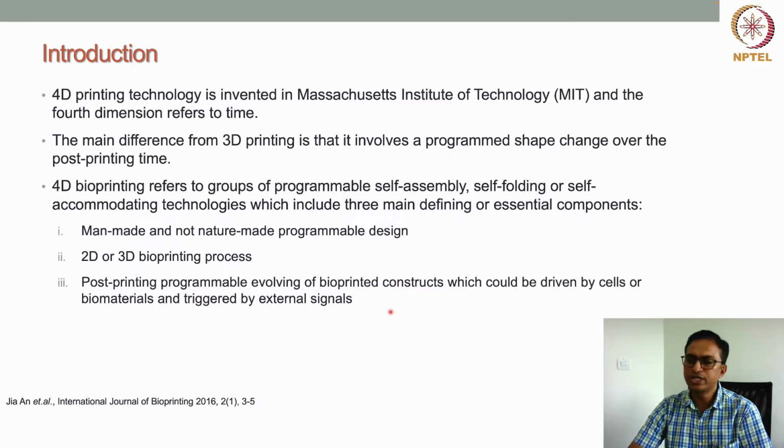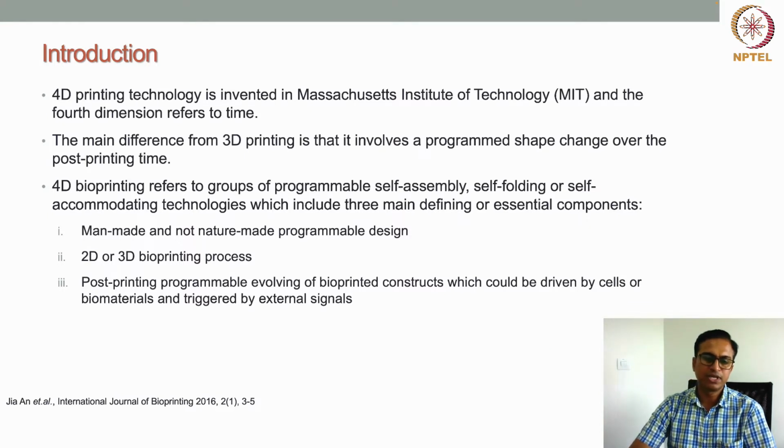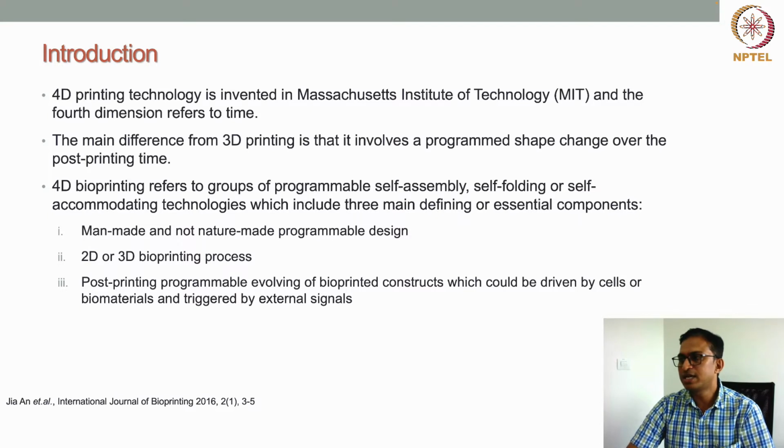Any 2D or 3D bioprinting process can be considered 4D bioprinting if, after printing, these programmable changes happen. Sometimes the changes can be driven by cells and biomaterials, and sometimes triggered by external signals. All these essential components should be there in 4D bioprinting.